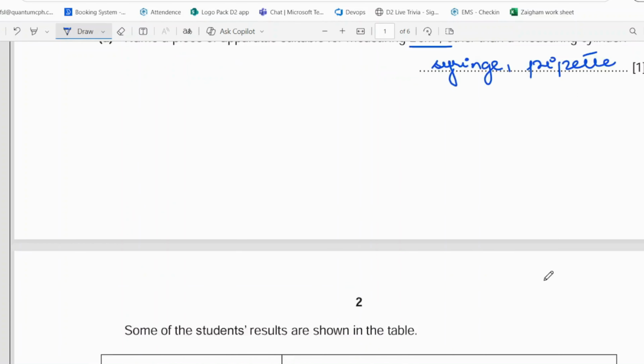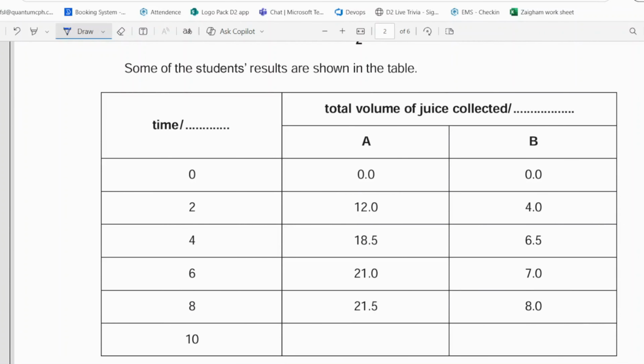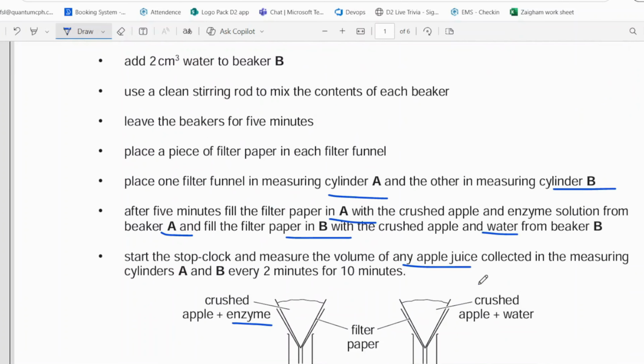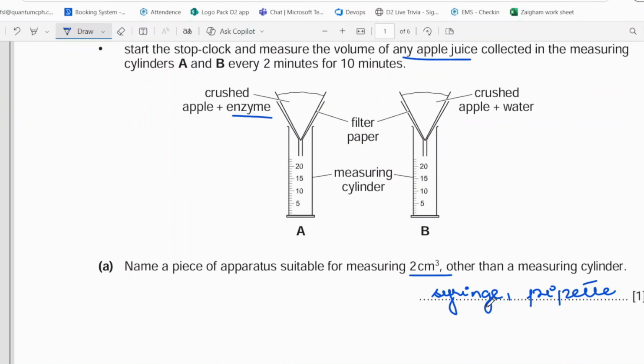Okay. Next one is, what should be the unit of time, and check the experiment. Minutes. And what could be the unit of volume? Correct.